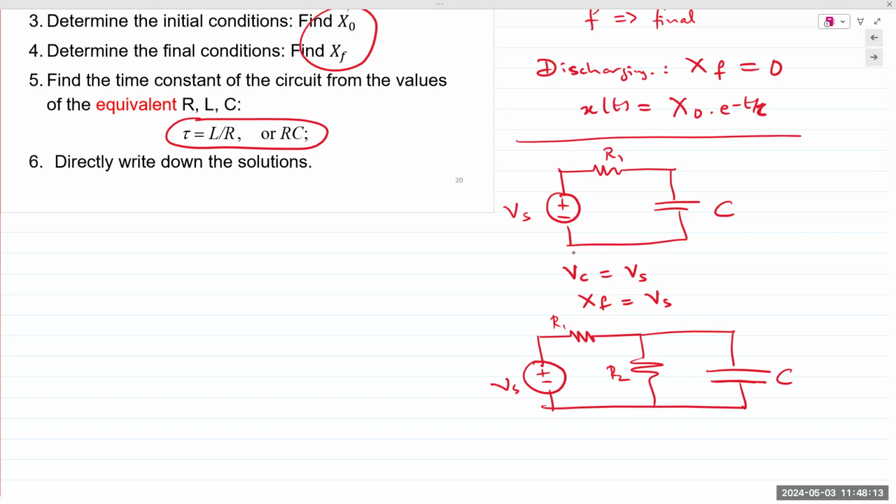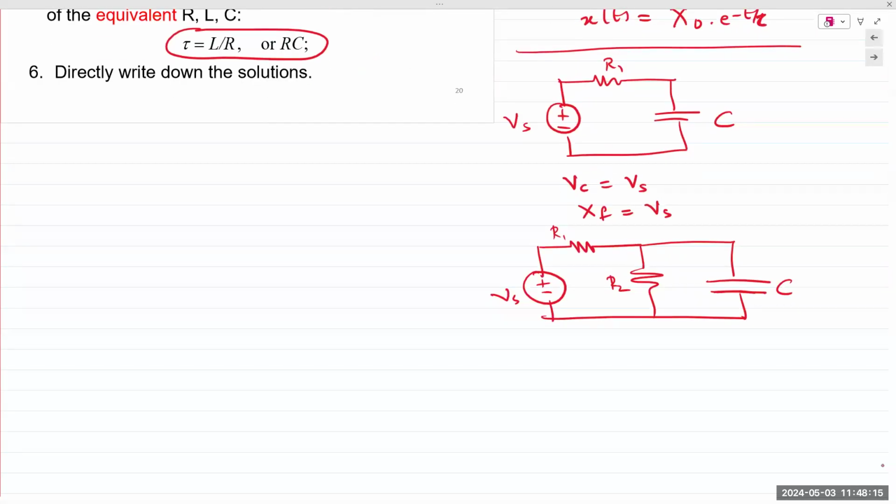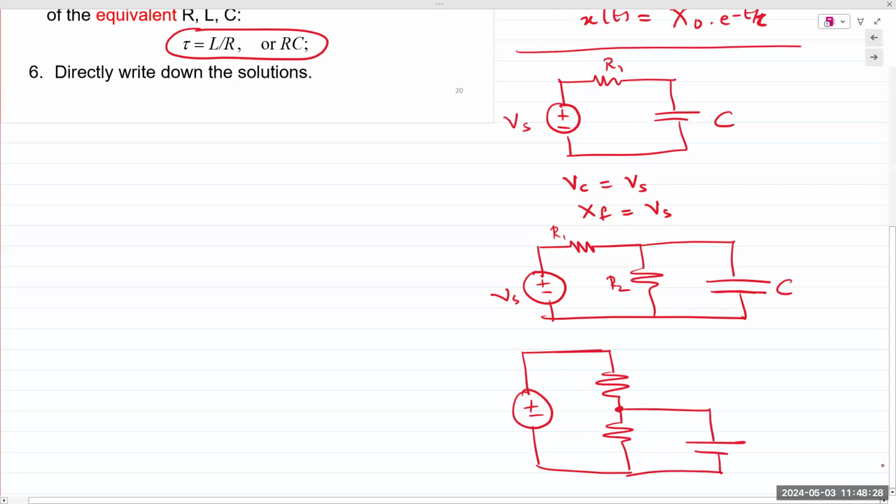If I redraw the circuit in a way that makes a little more sense, the circuit actually looks like this. Capacitor C is in parallel with R2, and that parallel combination is in series with R1.